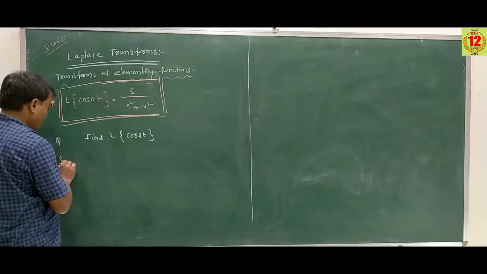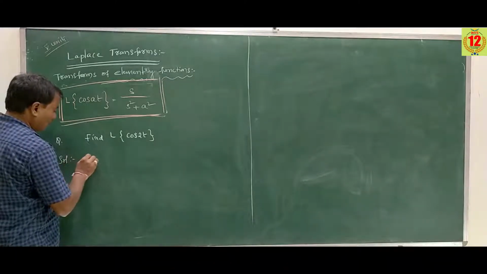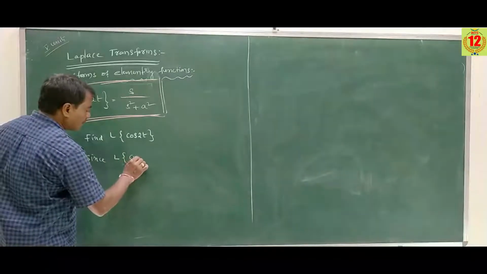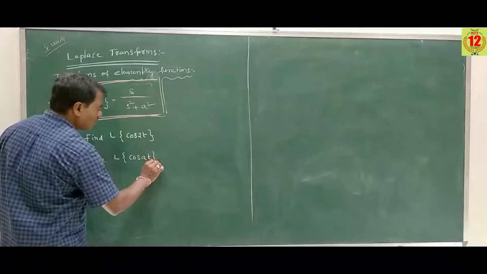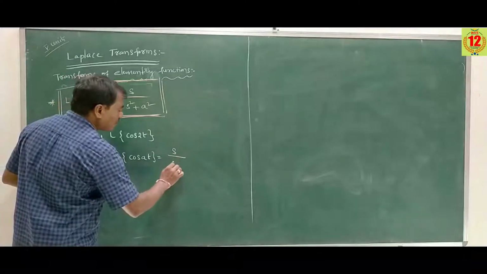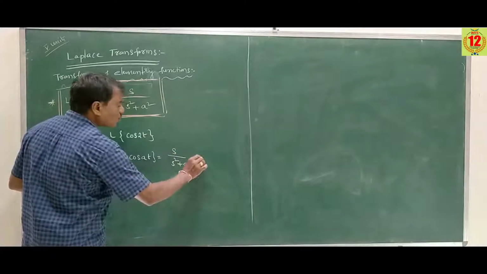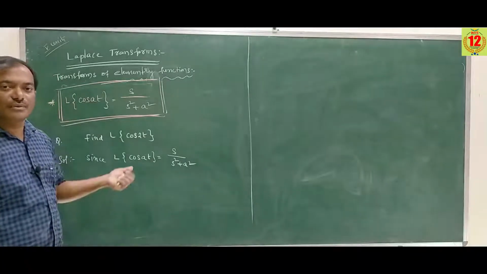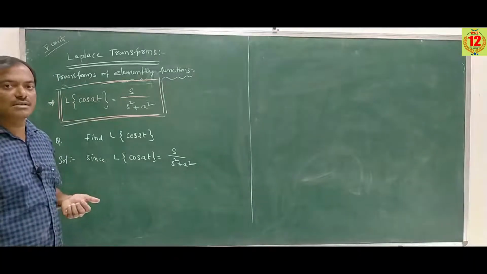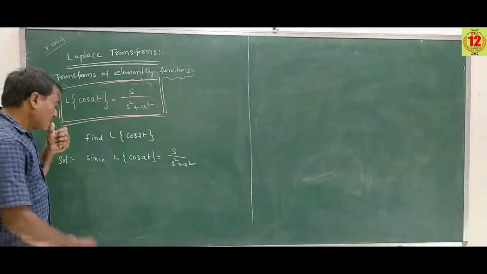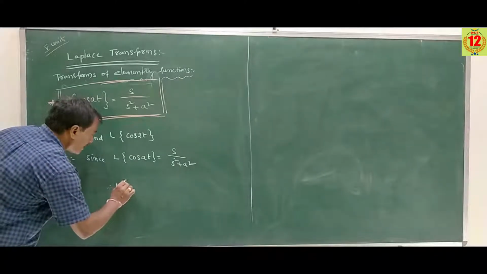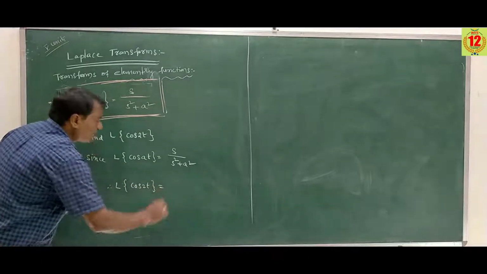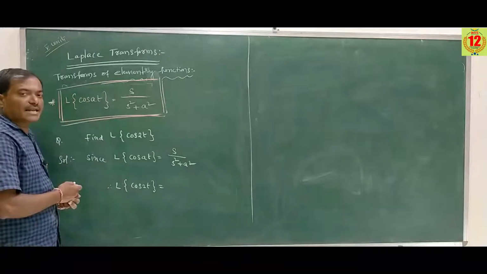Now solution. Since Laplace transform of cos at equal to s by s square plus a square, this is the standard transform of the elementary function cos at. Therefore, Laplace transform of cos 2t: on the left hand side we compare the a value.